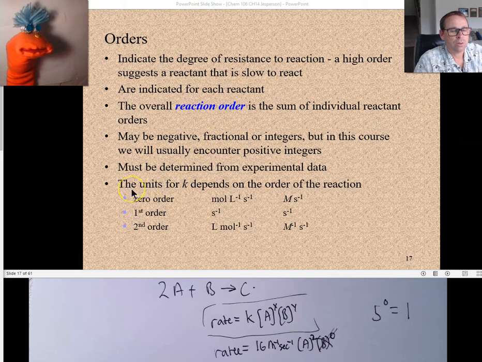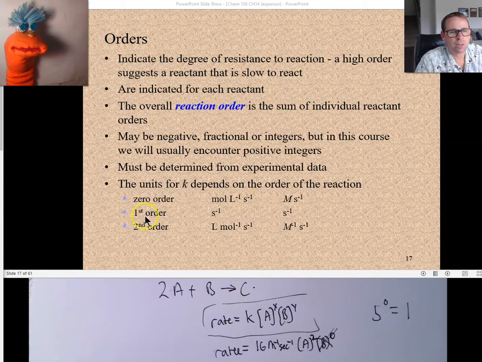So, because of that, if you have a 0 order reaction, the units for K will be different than if it's a first order or the second order reaction. So the units for a 0 order reaction are usually going to be mole per liter per seconds.